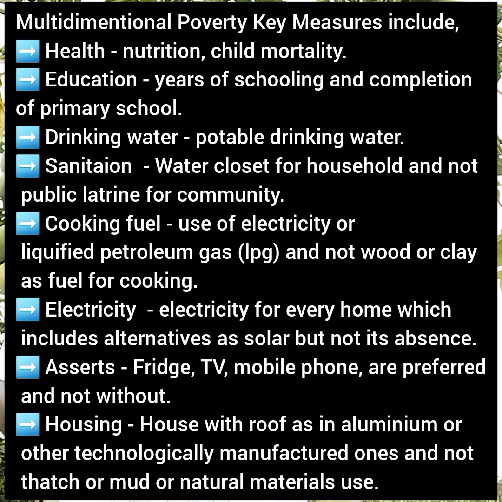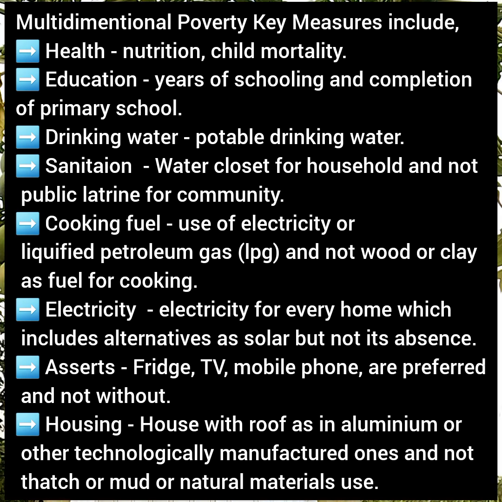Then assets like electronics, TV, fridges, mobile phones. They are modern gadgets, but it is said that if you don't have them, you become poor. So you need to have them. Then there is housing. We have dealt with food including water and sanitation, nutrition, and health, mortality rates. Then housing.